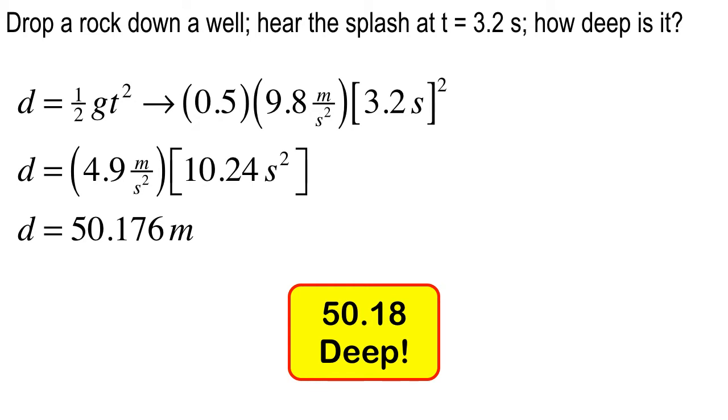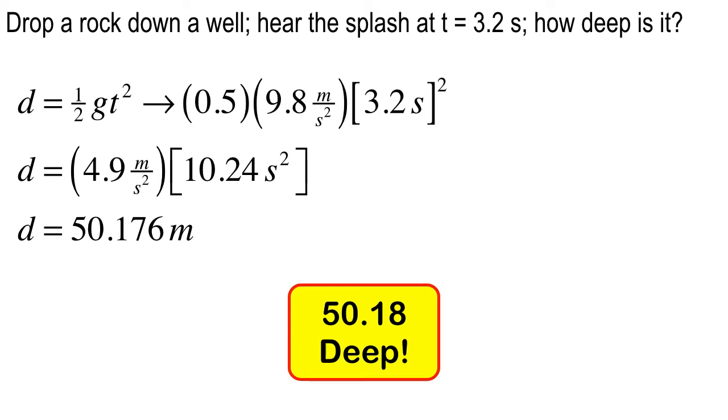So you have to read carefully and make a decision. If it's about a distance, positive values only, just use positive 9.8. If it's about a coordinate, where on a piece of graph paper, then you have to use the minus sign, because that indicates downward on the coordinate system.